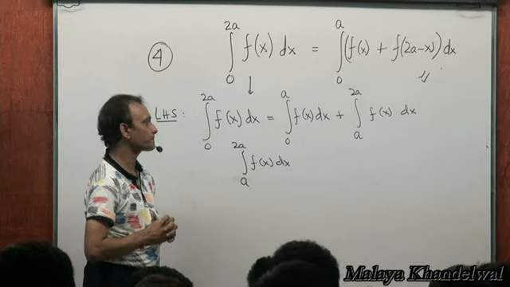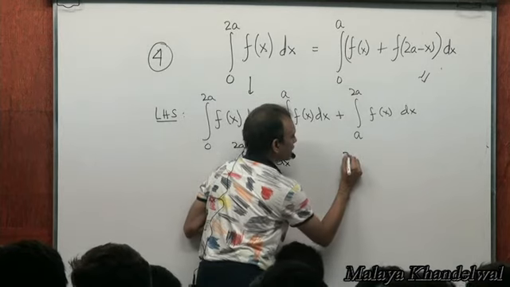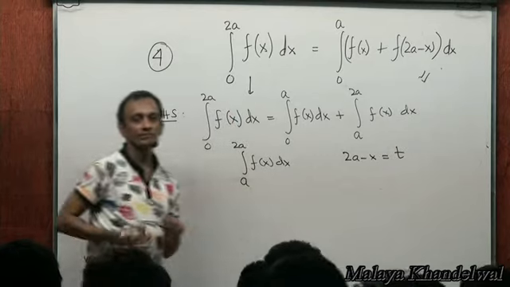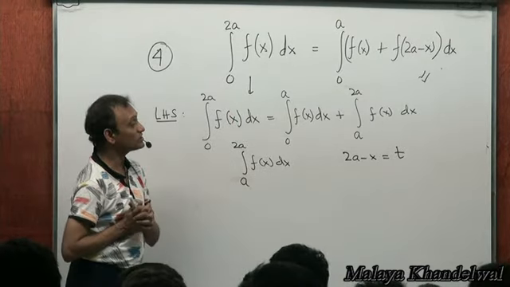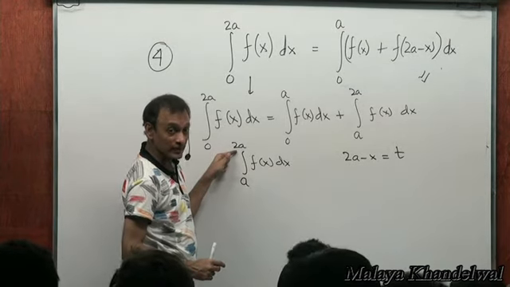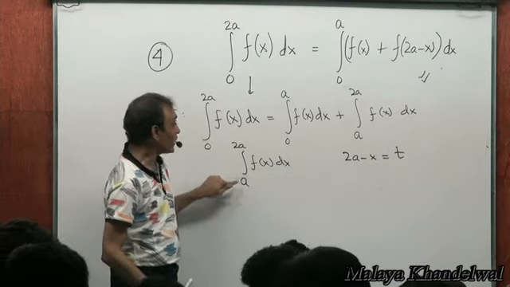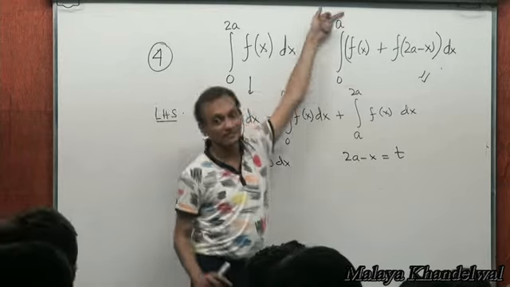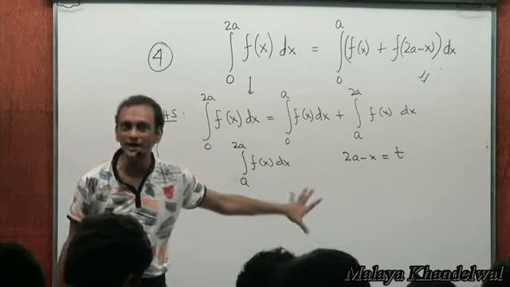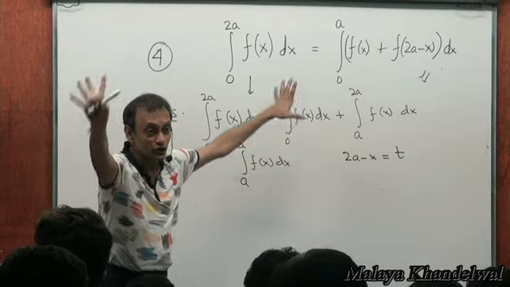What I do is I write 2a minus x as some t, because when x becomes 2a, this t will become 0. When x is a, t will be a. So I'll have like a to 0 kind of a thing. The limits would be intact and then I just need to deal with the rest. So this is my rationale for choosing this transformation from the x domain to the t domain.